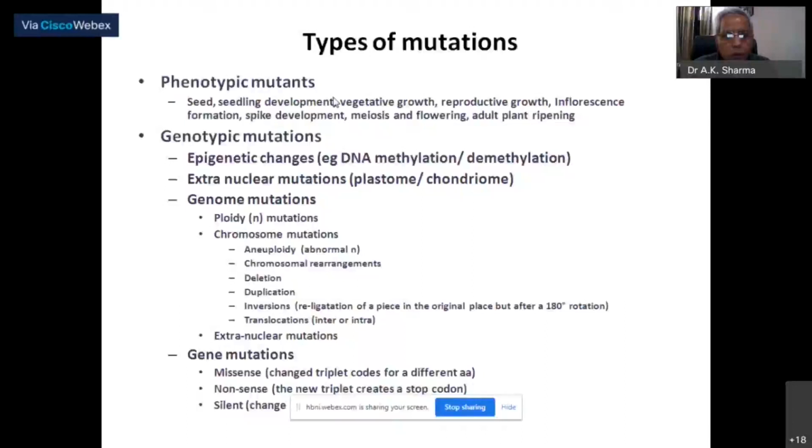There could also be chromosomal rearrangements. Sometimes one chromosome may get a set of DNA from another chromosome, or the DNA in the chromosome changes its place from one side to another, which is called rearrangement.